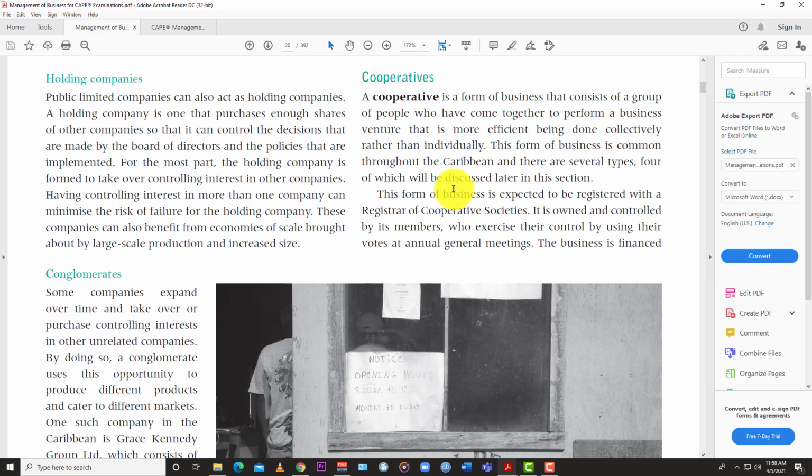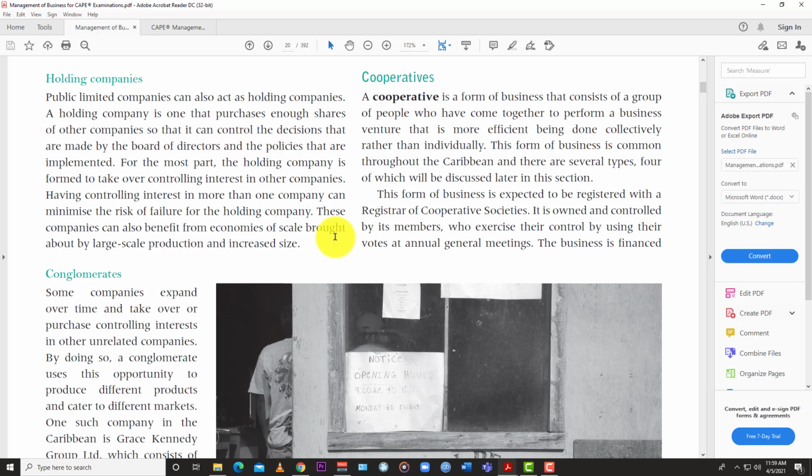And so the word cooperative means you're cooperating with each other to get whatever you need done at a lower production cost. This form of business is expected to be registered with the Registrar of Cooperative Societies. Every country would have their version of the Registrar of Cooperative Societies, and it is owned and controlled by its members. It's a key thing to note.